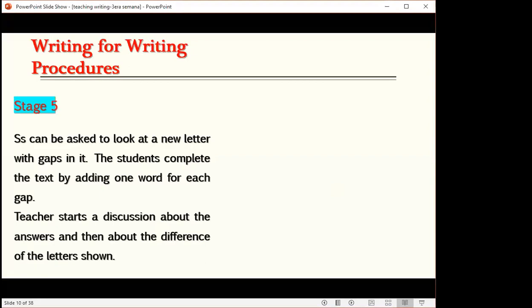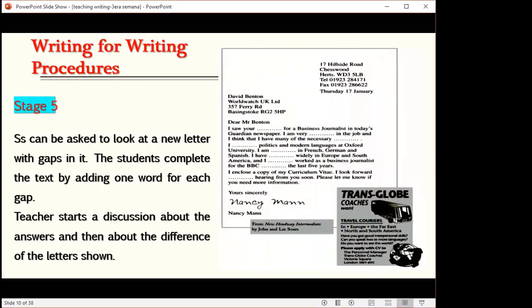So now, stage 5, students can be asked to look at a new letter with gaps in it. The students complete the text by adding one word for each gap. Teacher starts a discussion about the answers and then about the difference of the letters shown. Now here, notice this is a different letter.